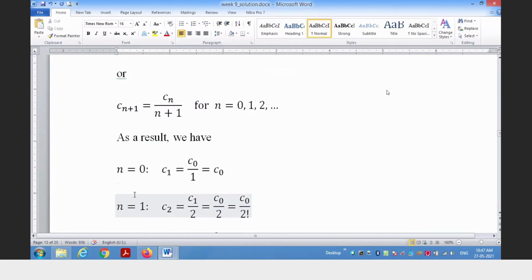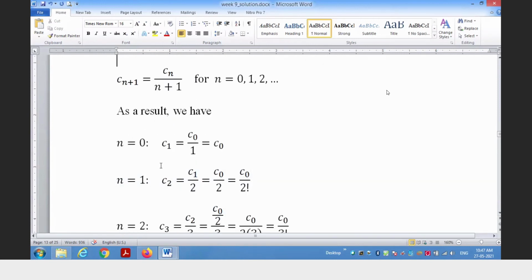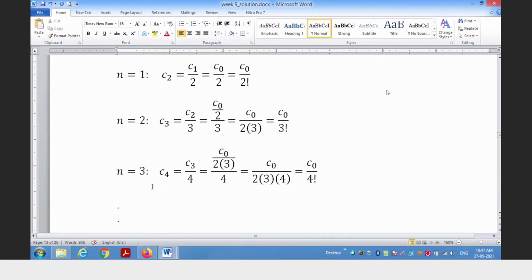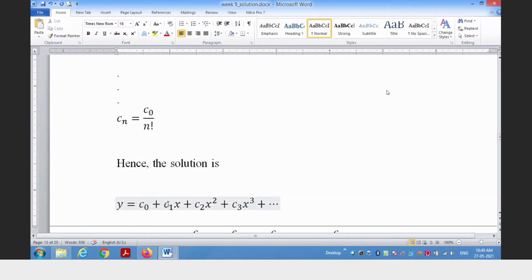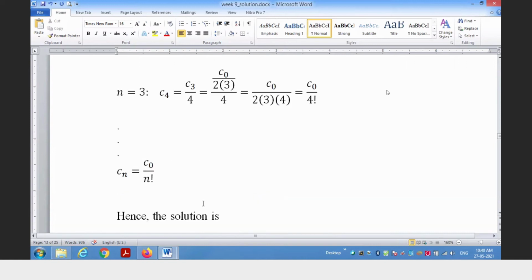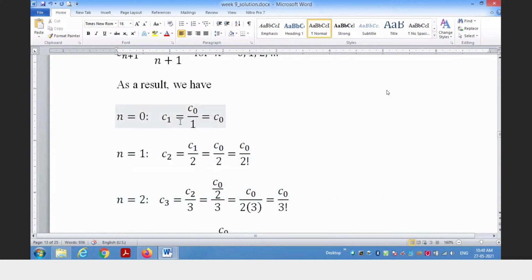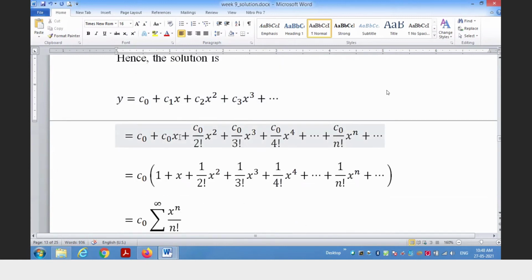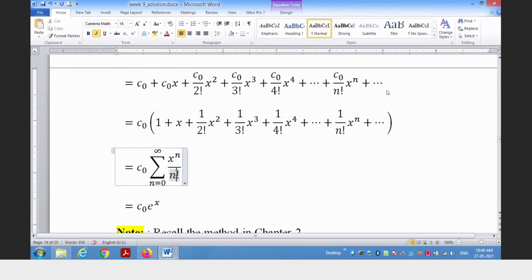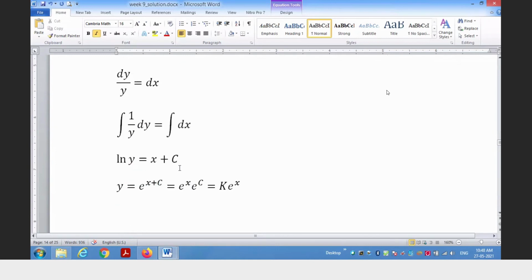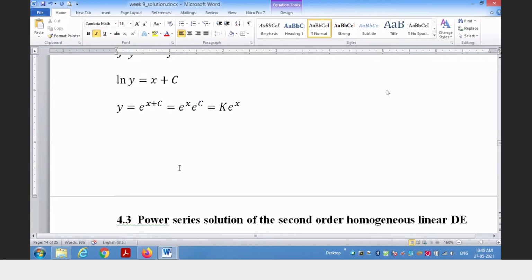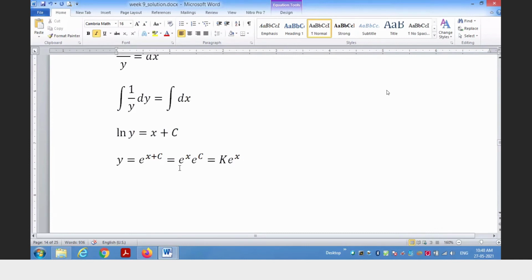Then you find a few terms for the coefficients so that you can see some patterns. After this, you replace all these C1, C2, and Cn so far with the coefficients that you obtained here, and then you factor out the common terms, and then we will get the solutions. So that is involving a first order ODE, right?